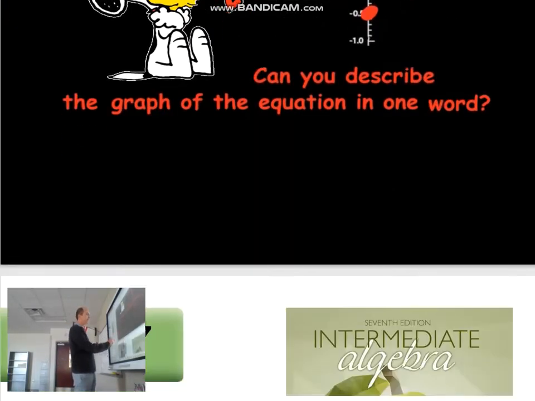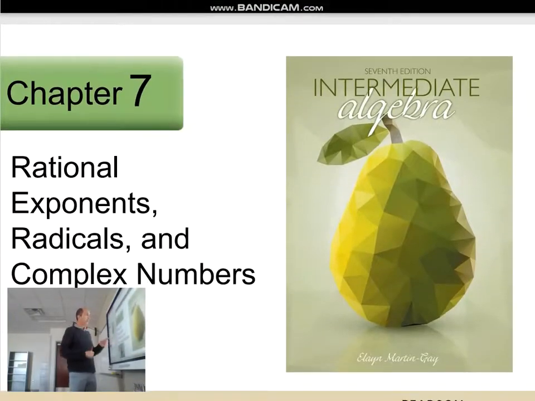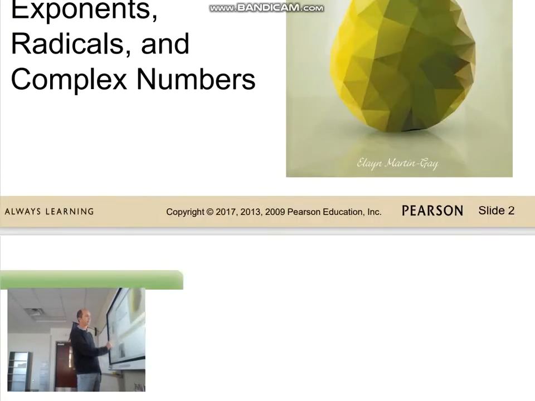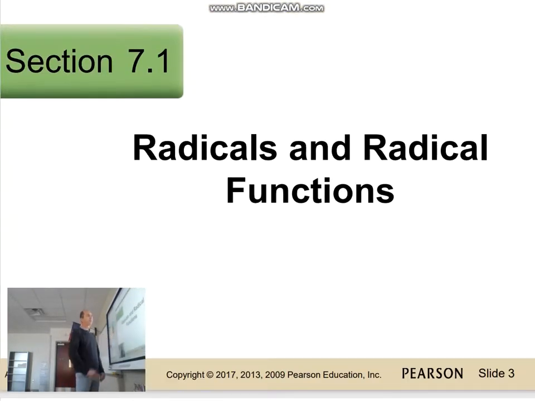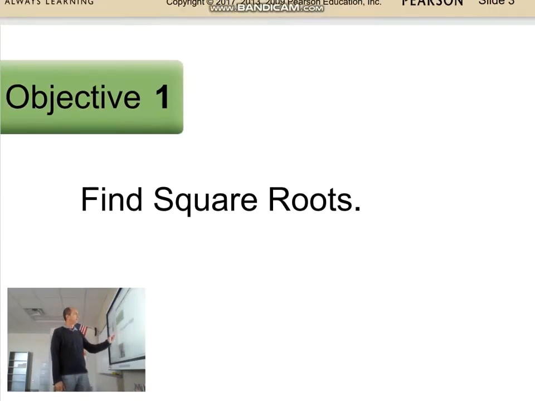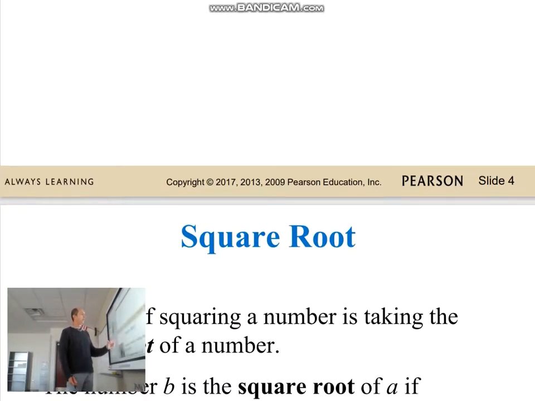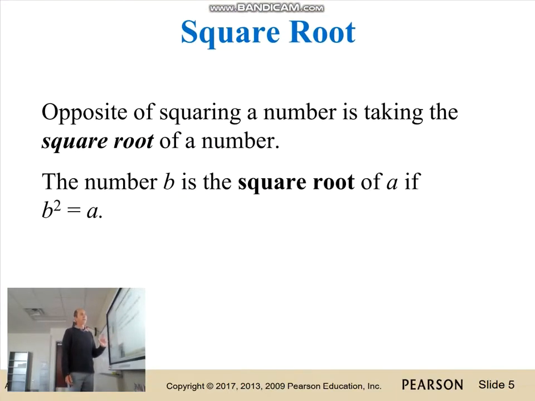Okay? And we will work on chapter 7, rational exponents, radicals and complex numbers. Section 7.1, radicals and radical functions. The first objective is to find square roots, and the opposite of squaring a number is taking the square root of the number.